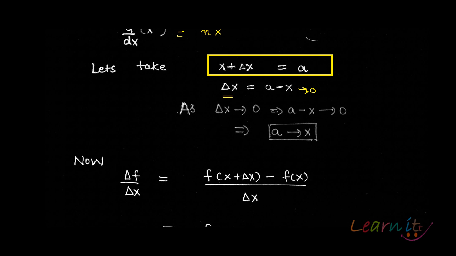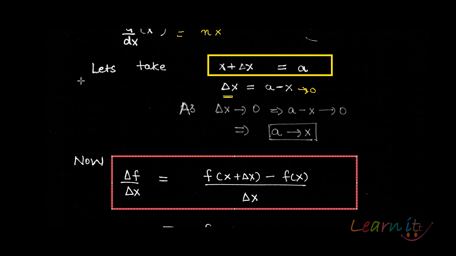Let us again figure out the difference quotient that we have been looking at, the change in f upon change in x. What will that be? That will be f of x plus change in x minus f of x, upon change in x. Now x plus change in x equals a, as I've assumed.